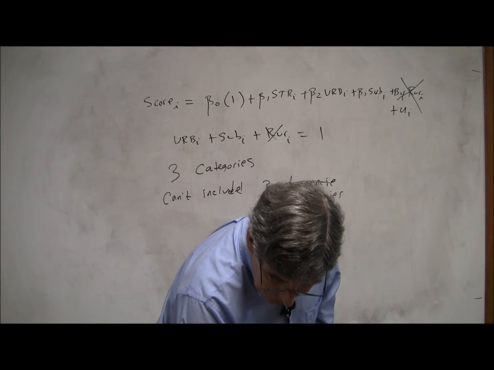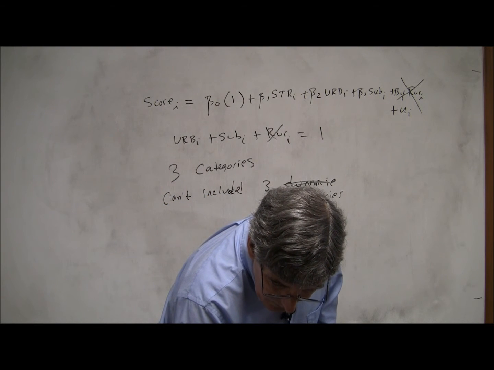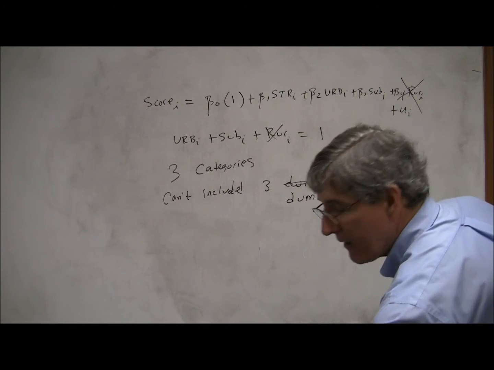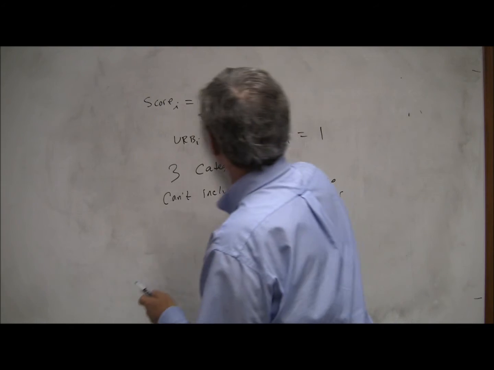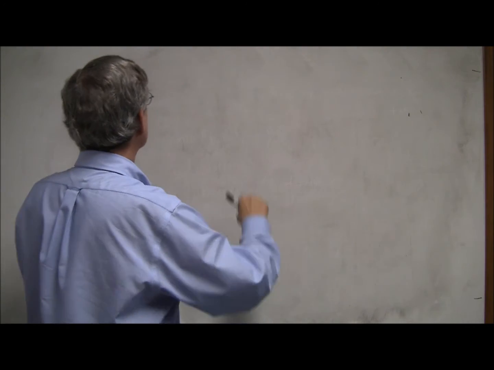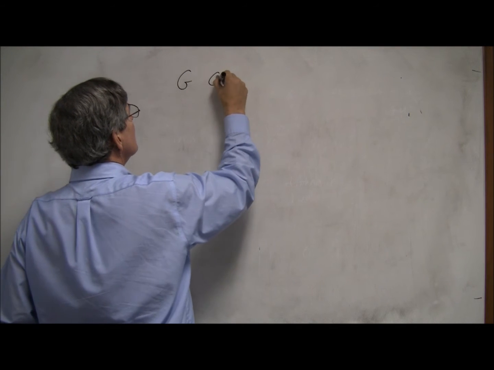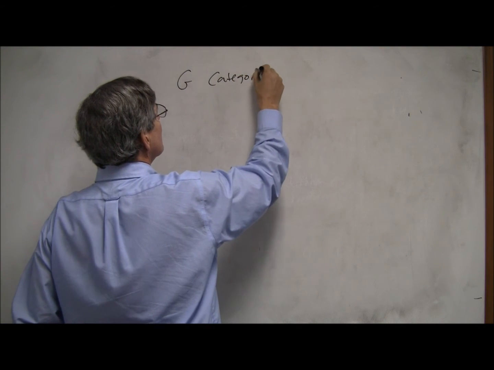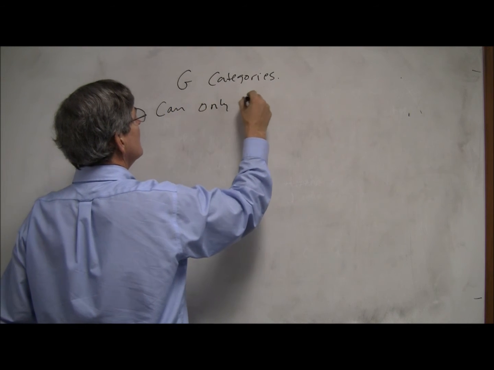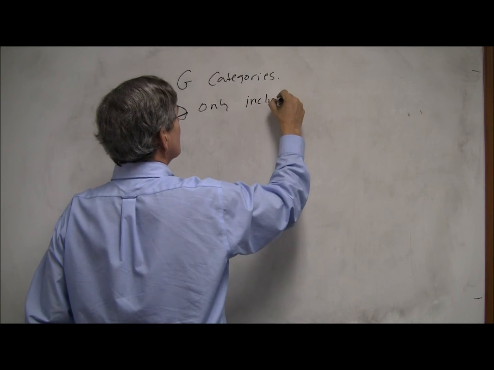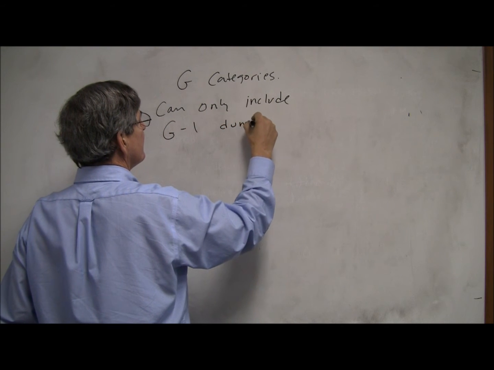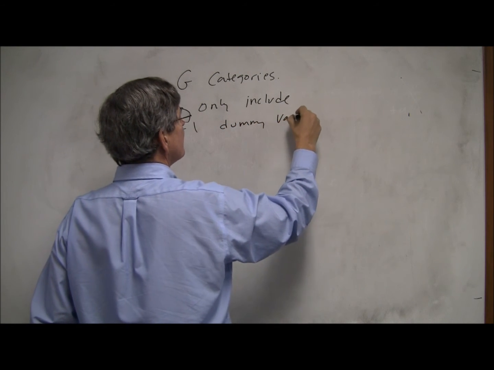And so whenever you create these dummy variables, and I'll give you a few more examples in a moment, if there are G categories, then you can only include G minus 1 dummy variables, 0, 1 variables.